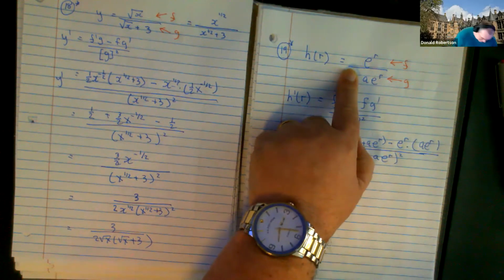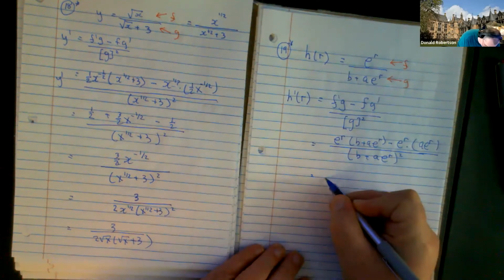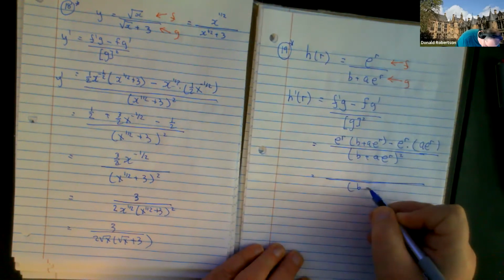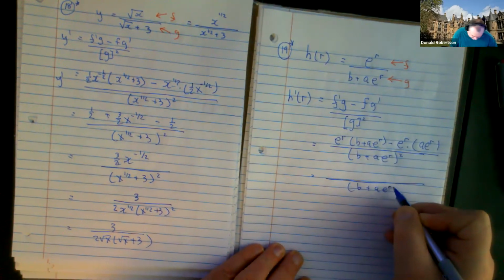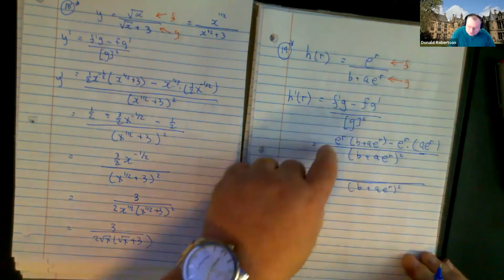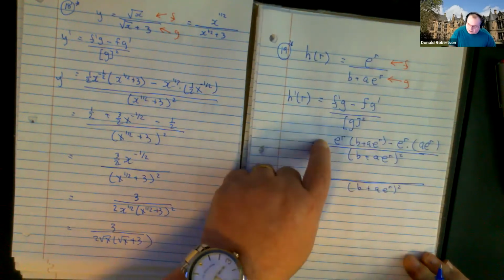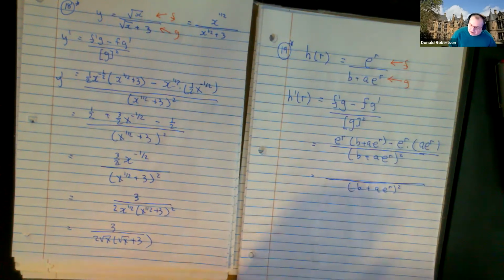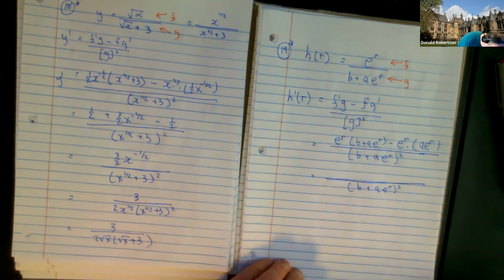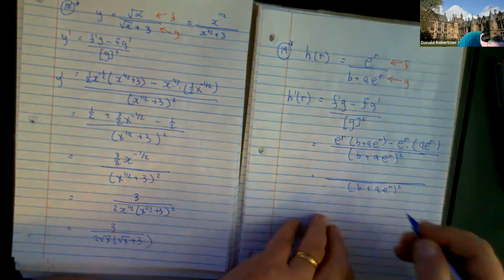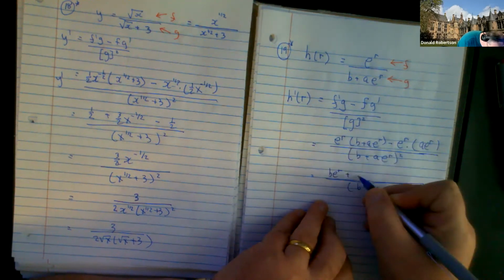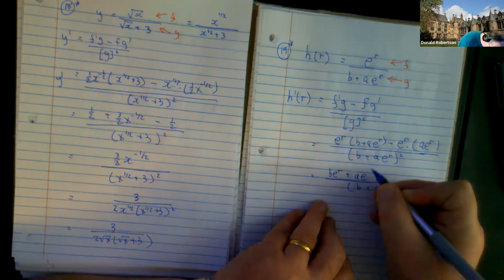You got that. Now at this point here, we should be getting a little bit more familiar with what's required of us. We have to make this look pretty. So first thing I'm going to do is distribute. Then I'm going to collect like terms. And then maybe I'll get some cancelling. So if you distribute this guy, and you multiply this guy by this guy, you get A, E, and then E to the R times itself gets you 2R.